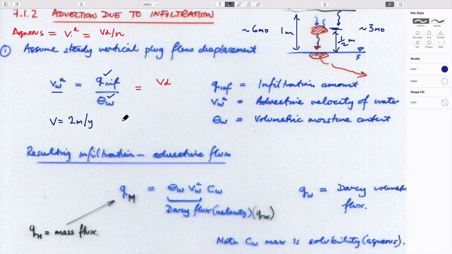I suppose this assumes that R is equal to 1. If R is greater than 1, then I suppose the value for this advective velocity would be equal to infiltration rate divided by volumetric moisture content and divided through by retardation.